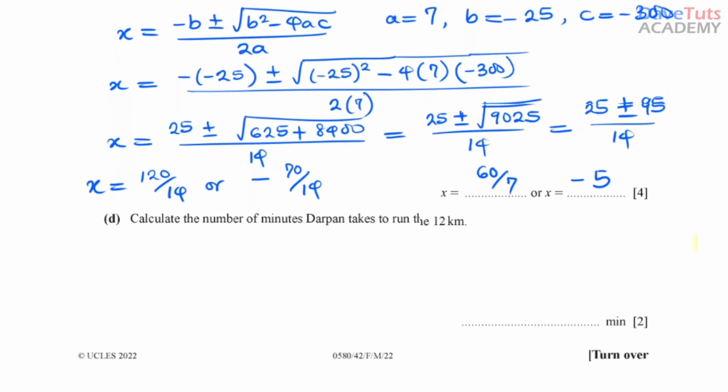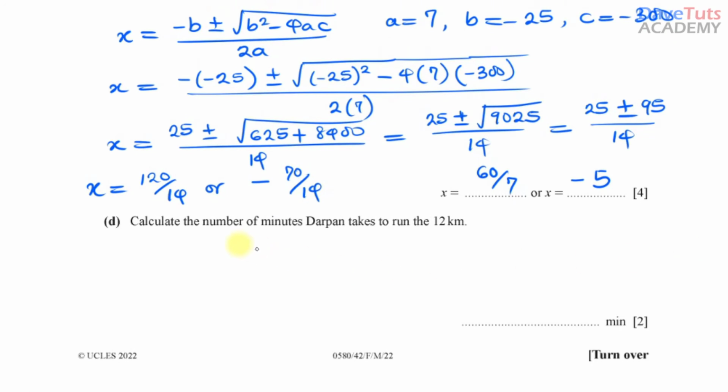So moving on, we are now being asked to calculate the number of minutes Tapan takes to run the 12 kilometers. If we recollect, we are given that the time in which he is running is 12 over x hours. But this is to be expressed in minutes.